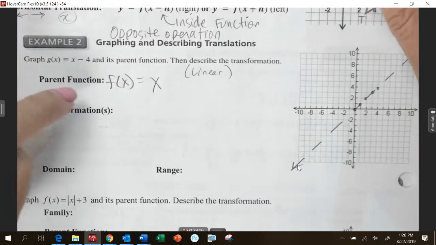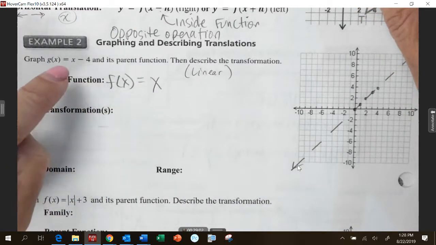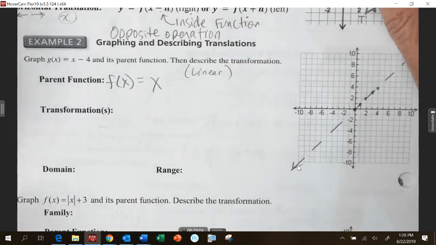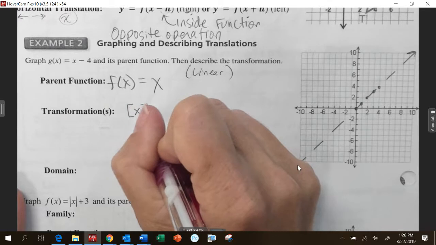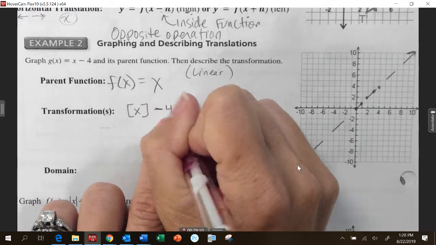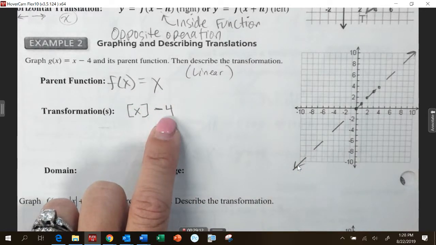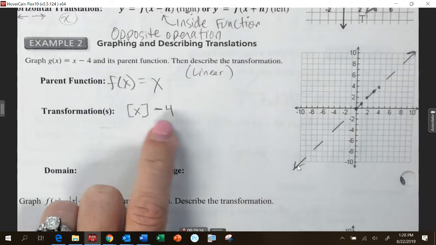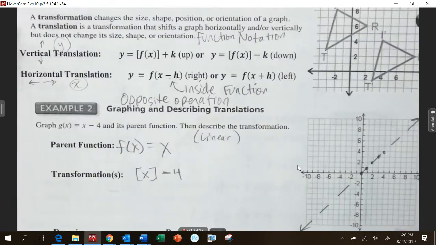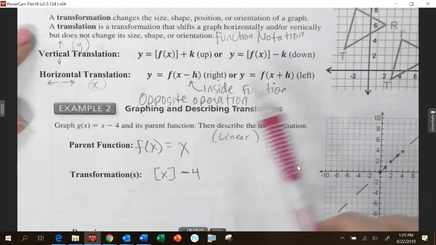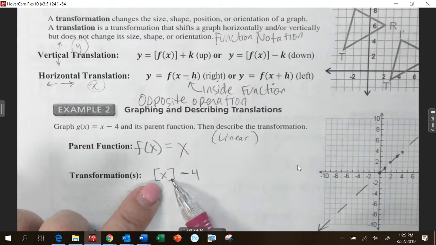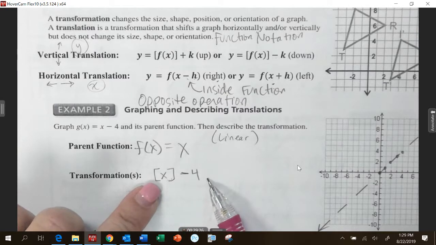So now, for the parent function, to get to x minus 4, what is happening is we have this x, this linear function, and then we are taking away 4. We have a linear function, and we are taking away 4. So we look right up here at this little chart. Which one up here has the function, then take away 4?